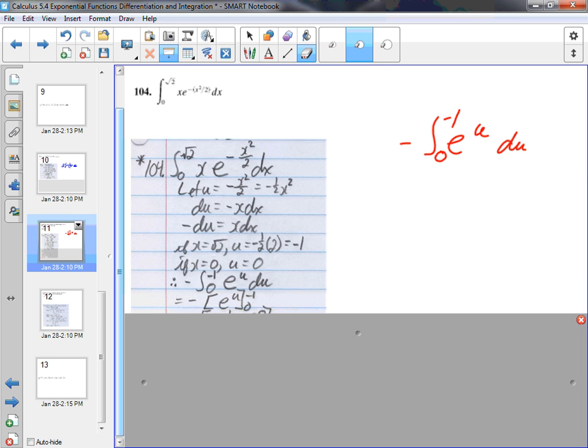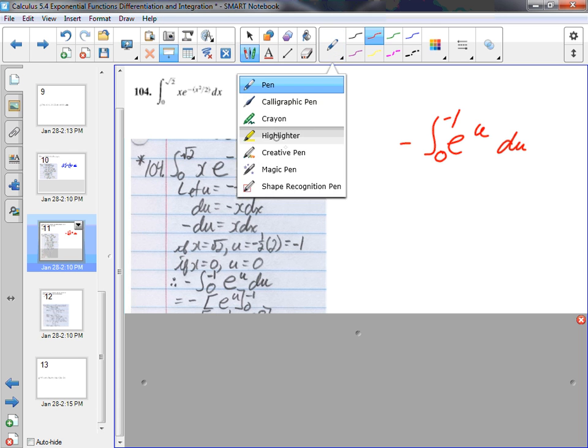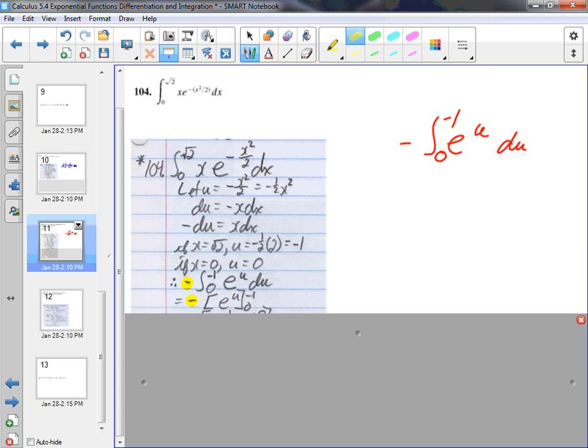Keep that negative out in front. So we keep that as that. And then, what is the integral of e to the u du? E to the u plus c, but it's a definite integral instead of an indefinite integral, so it's just e to the u, evaluated from 0 to negative 1.